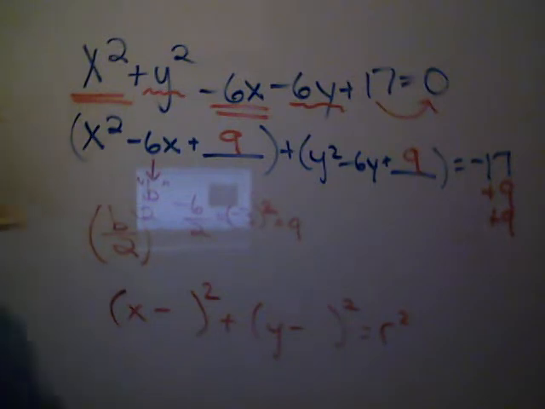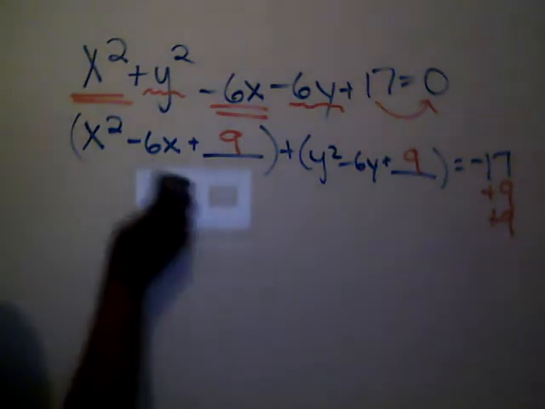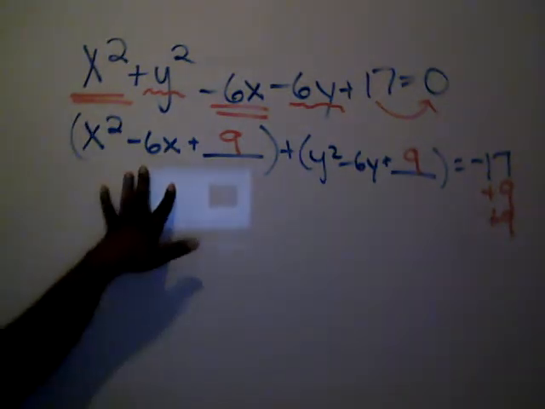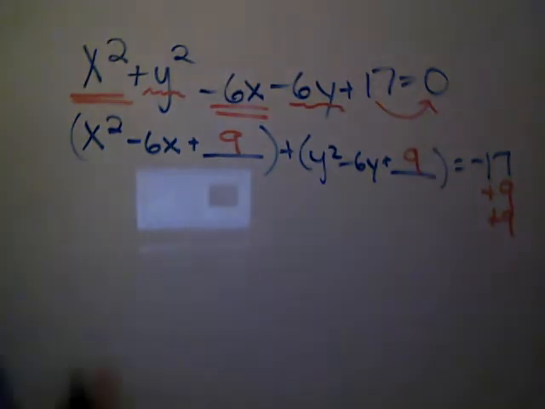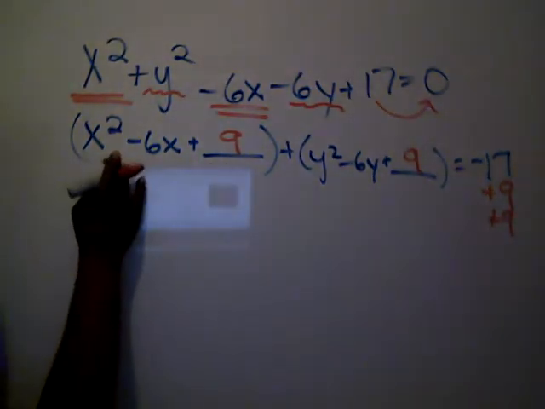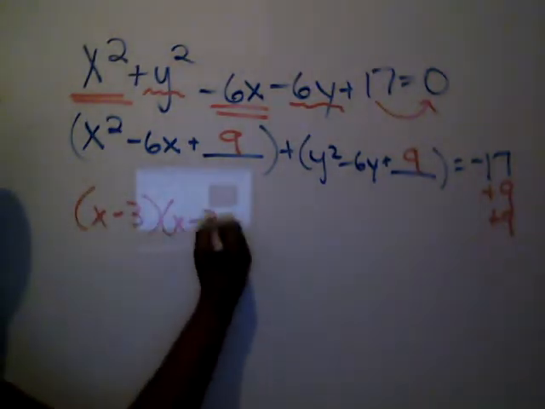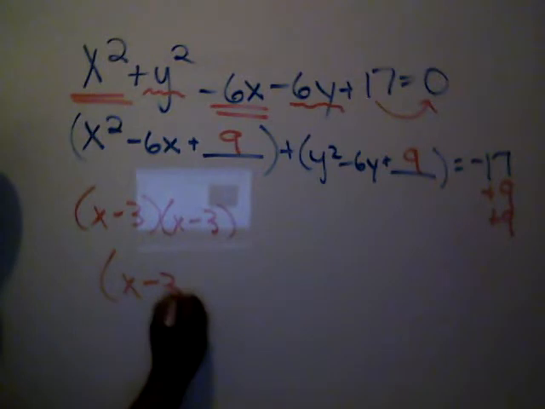Okay. Now, the next thing that we would do after we figure those pieces out is figure out how we can factor each of these parentheses. So we'd want two numbers that multiply to 9 that add to get us negative 6. Well, that would be x minus 3 and x minus 3. We could write that as x minus 3 squared.